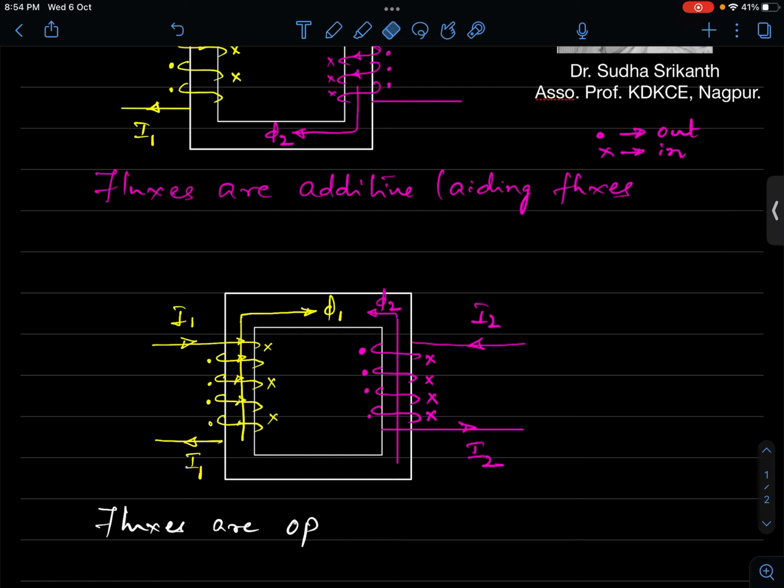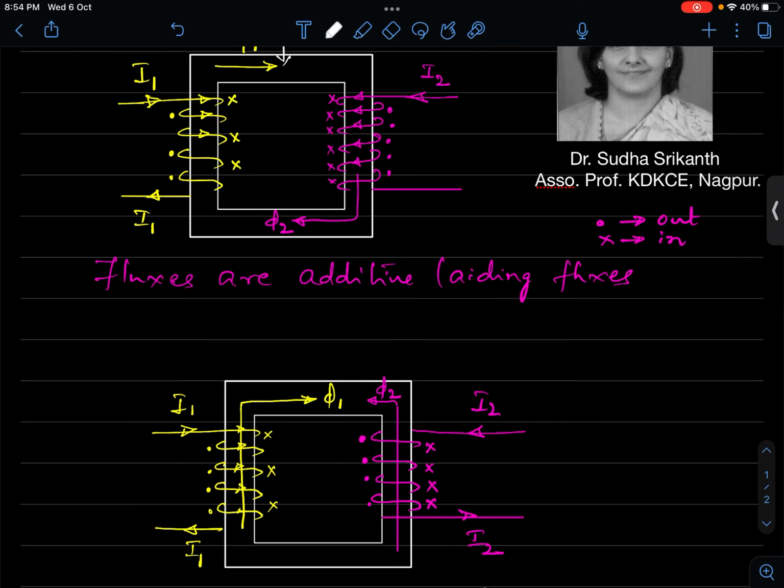Fluxes are opposing or subtractive. I'll put that word here: subtractive, opposing fluxes. If these two coils are coupled mutually, obviously they are coupled because of the presence of the core, which we imagine is made up of magnetic material.